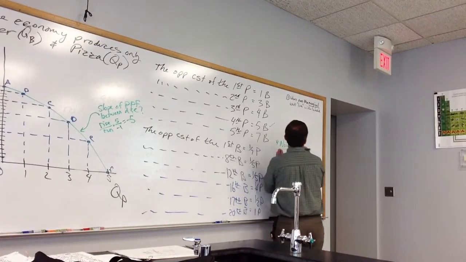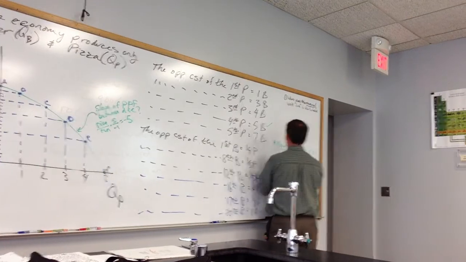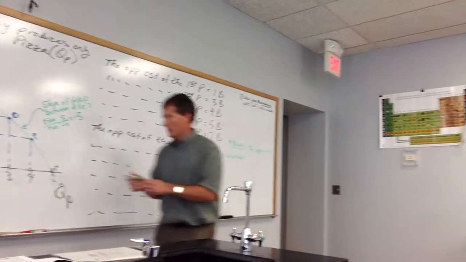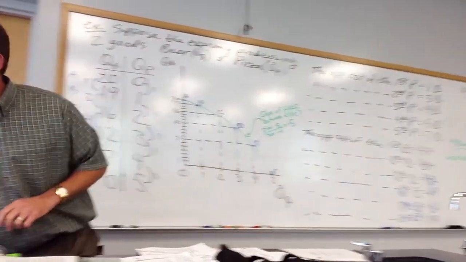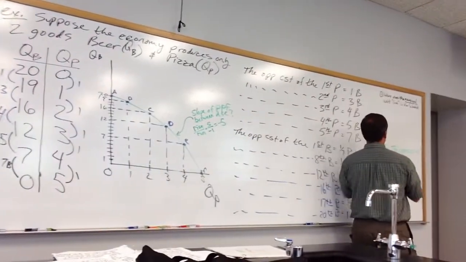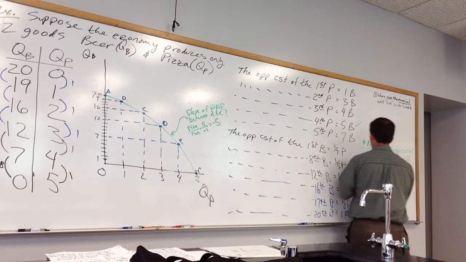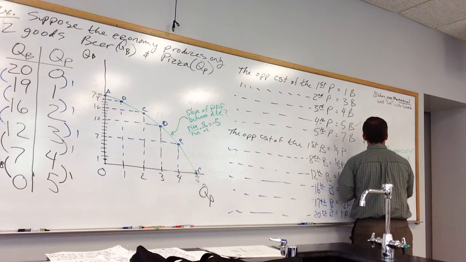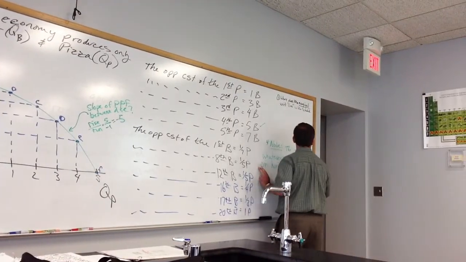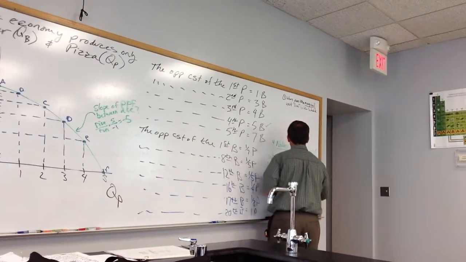So note the opportunity cost of whatever is measured on the horizontal axis is the slope of the production possibilities frontier.